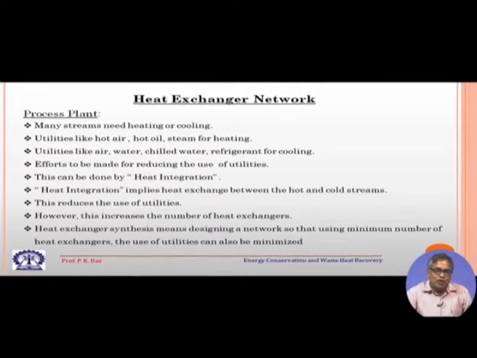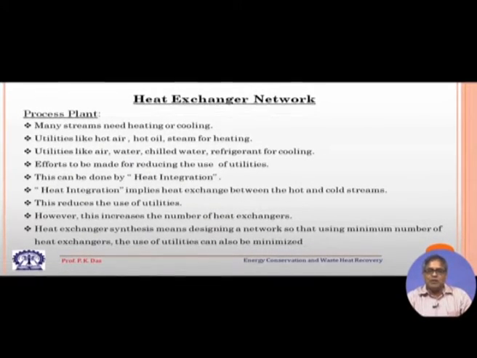There are process plants, chemical plants, petrochemical refineries, where there are many streams of fluids. Some may be liquid, some may be gas, some may be changing their phase, and each stream needs either heating or cooling.